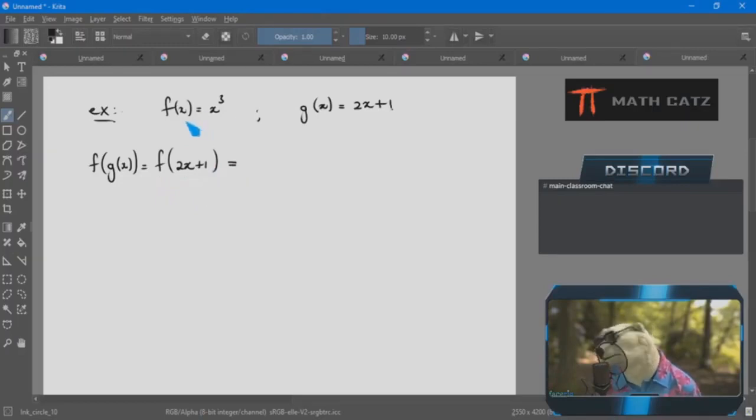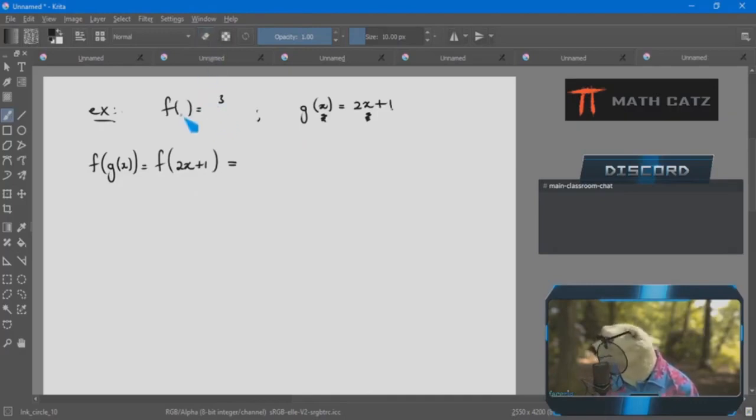Now don't get confused here. The x's used in the definition of my f function and the x's used in the definition of my g function are completely different things. They're not the same. And many people struggle with that. They think too hard, like this x and this x must be the same x. No, they're not the same x. They're general definitions. I could have called this a completely other symbol.